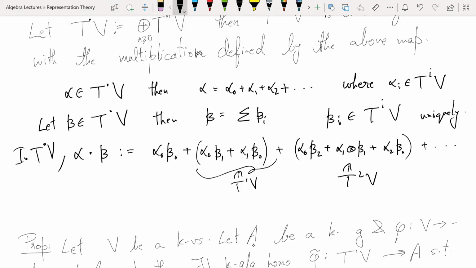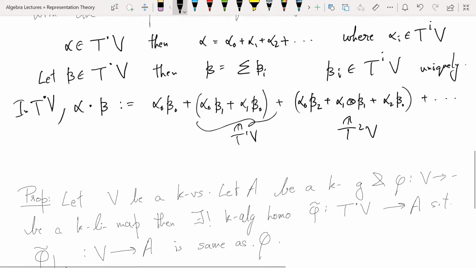So the next term is sort of complicated to write, so we'll use a formula. Alpha dot beta is a summation. It's like when you multiply two power series, you have this kind of formula.